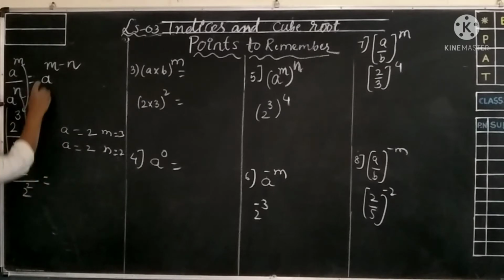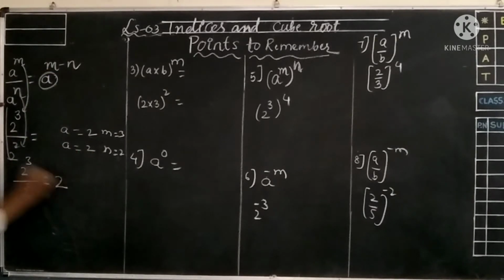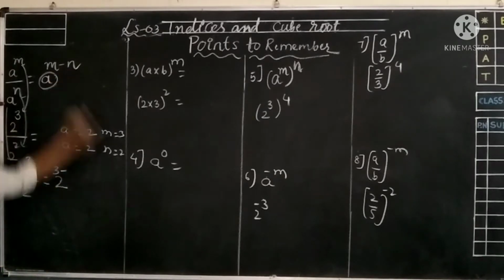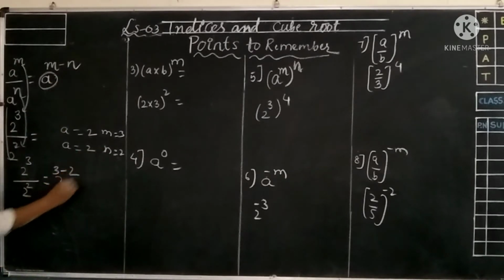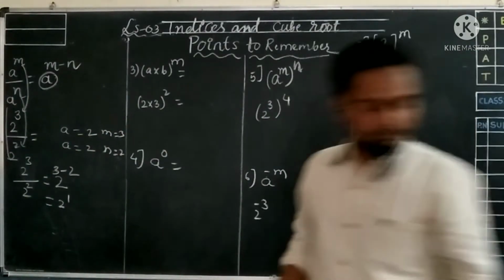Therefore, 2 is as it is, and the power is m minus n, that is 3 minus 2. So 2 raised to 3 minus 2 is equal to 2 raised to 1.